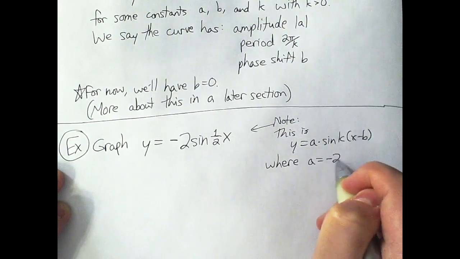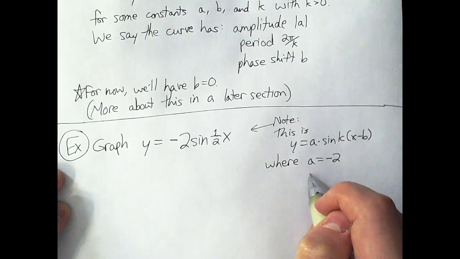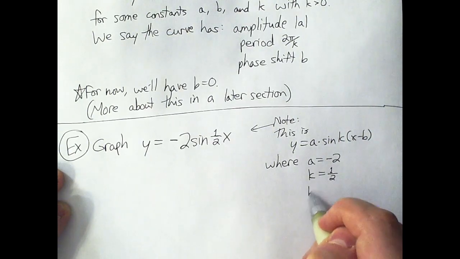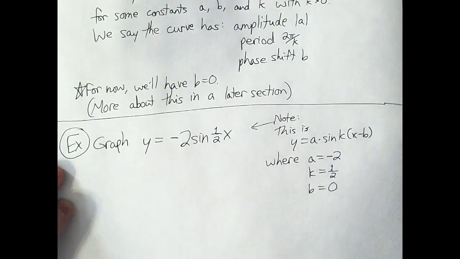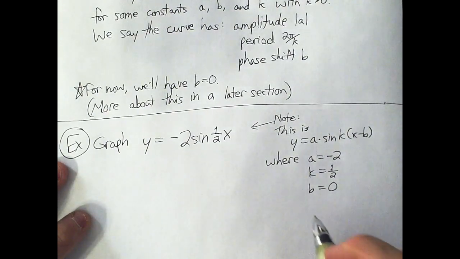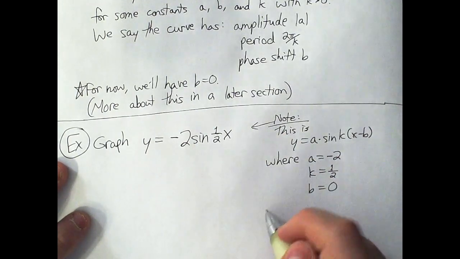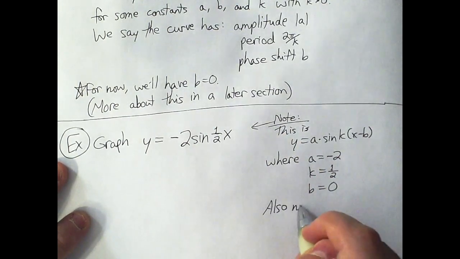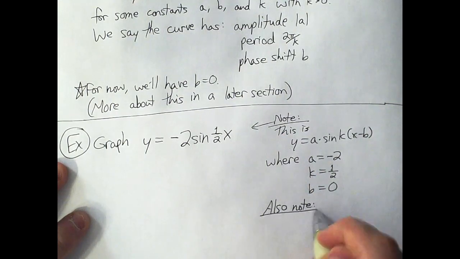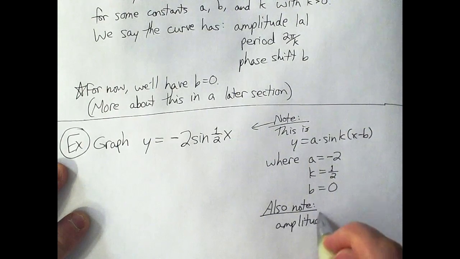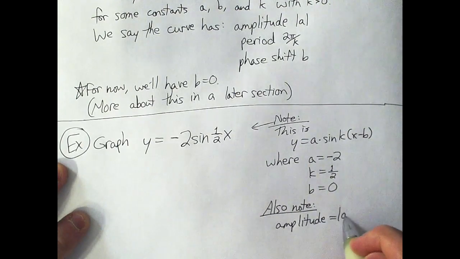Where a is -2, k is 1/2, and b is 0. Also note, amplitude is supposed to equal the absolute value of a, so in this case it equals 2.